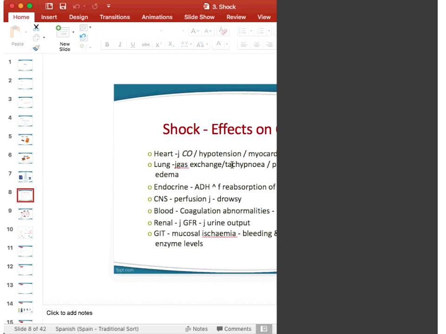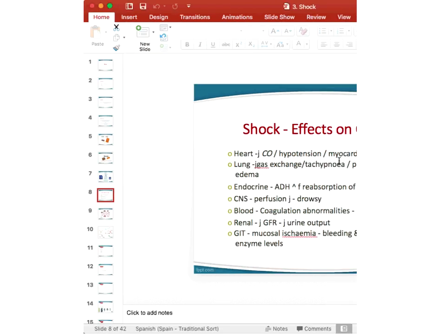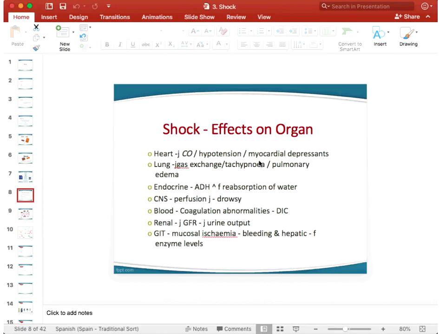So the effects of shock depend on the organ, but it will damage eventually every organ. The main organ that will eventually fail to work properly will be the heart. The patient will become hypotensive, and well, the heart itself will fail.